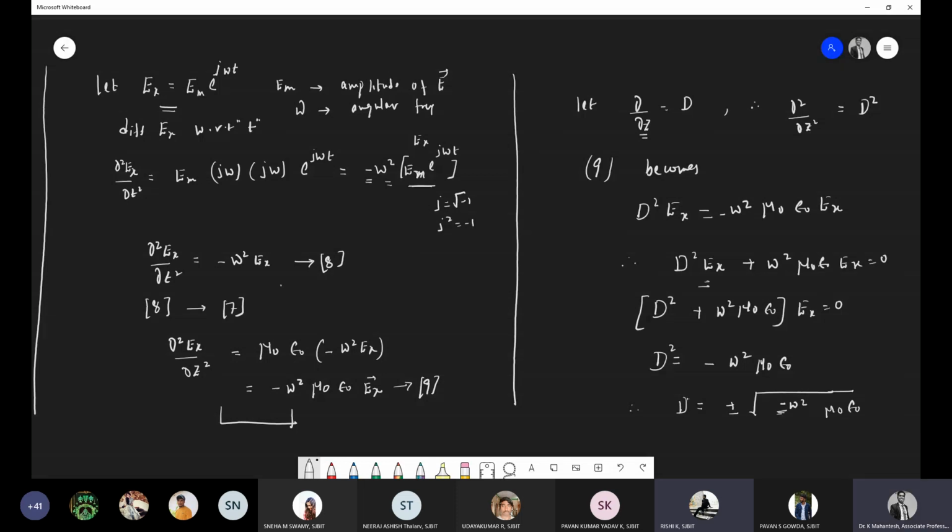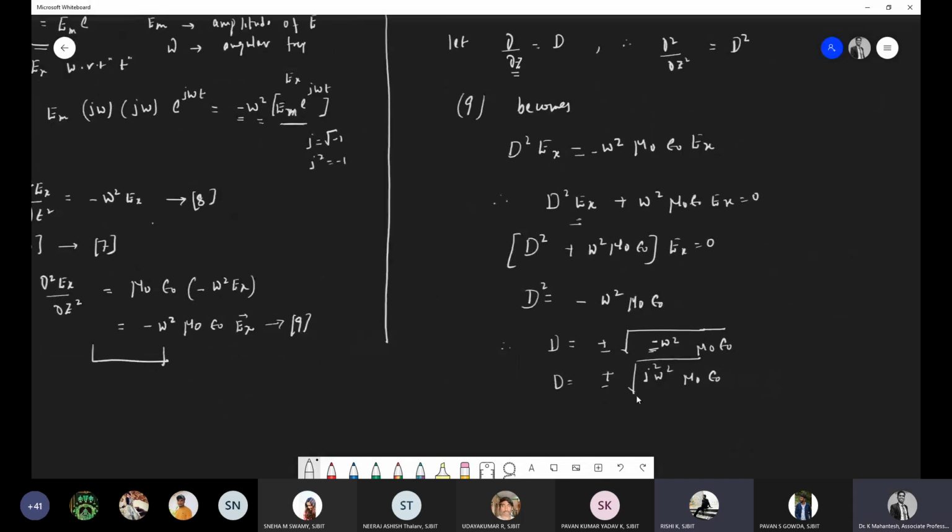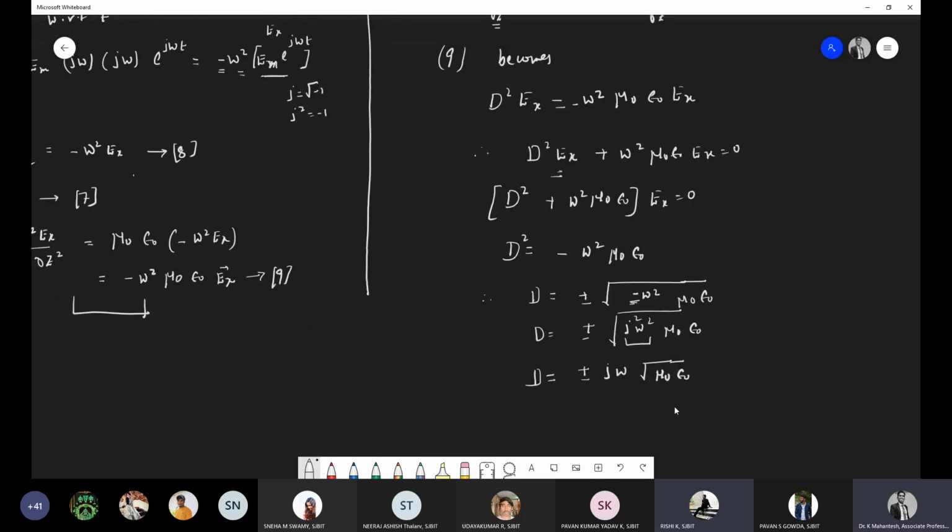I can represent this minus 1 as j square, so j square omega square mu naught epsilon naught. Therefore, I can bring this j square omega square term outside: plus or minus j omega square root of mu naught epsilon naught. So D is equal to plus or minus j omega square root of mu naught epsilon naught.